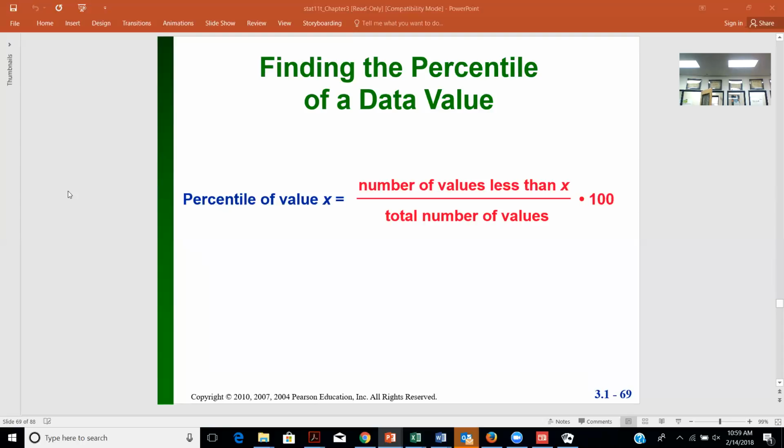So let's use again the example they use in the book, which is a very small data set, 3 numbers: 1, 3, and 14.